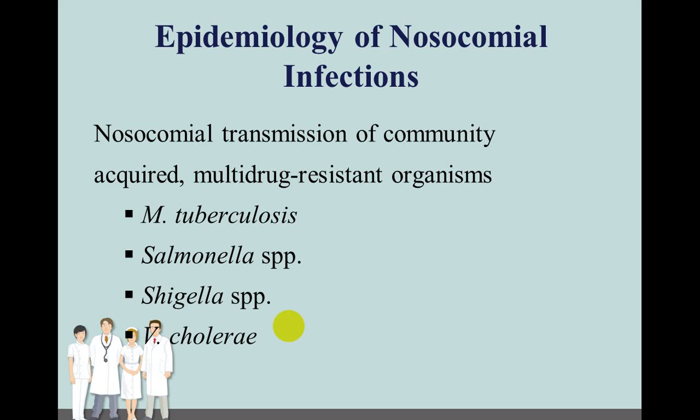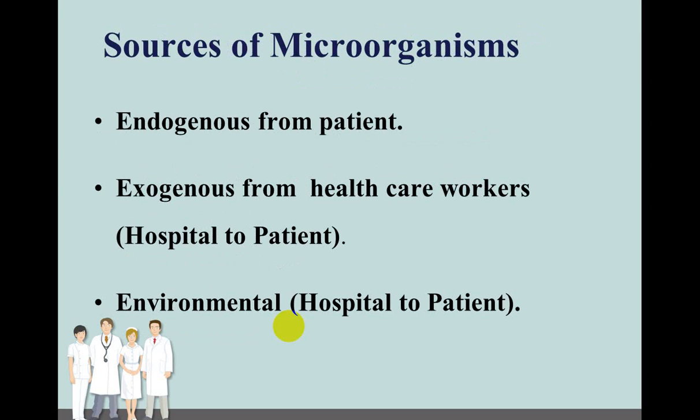These diseases are found in the community but may be transmitted to the patient in the hospitals or from the hospital to other patients. What are the sources of microorganisms? Endogenous from the patient, exogenous from healthcare workers, hospital to patient, and environmental, again hospital to patient.